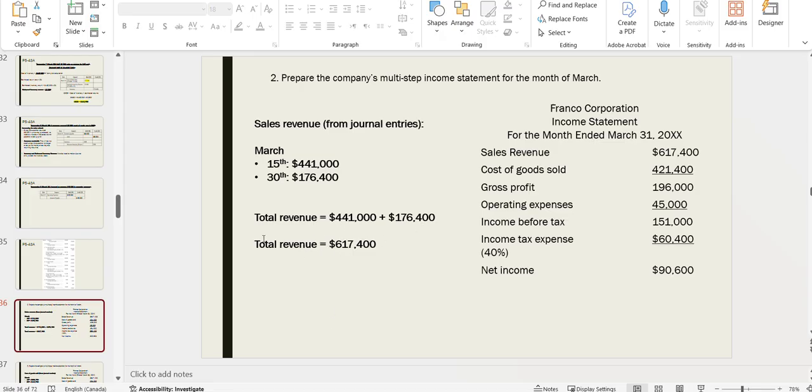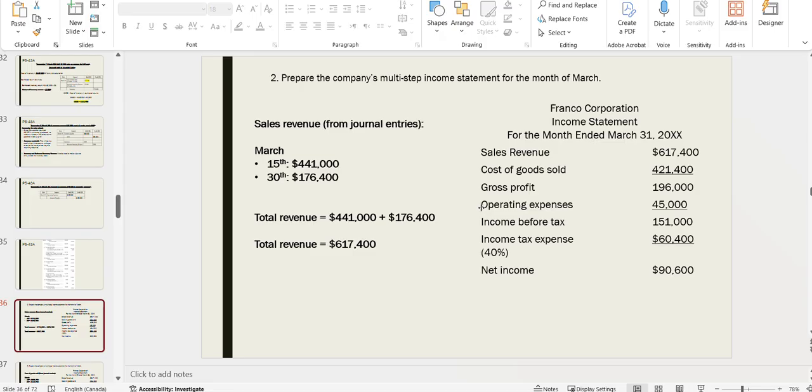Our total revenue is $670,400, which is from our sales on March 15th and 13th. And the cost of goods sold calculated is $421,400. It gives us our gross profit.